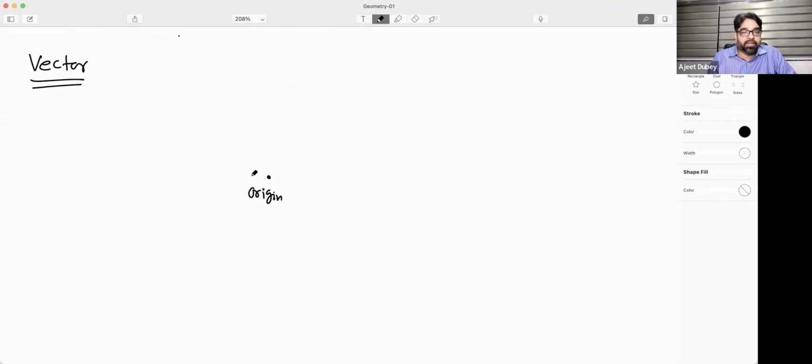Origin is nothing but a reference point, generally represented by O. If there is a point A and a point B, and you join the origin to A, this is one of the vectors. We represent it by this symbol. What is a vector? A vector equals magnitude into direction.